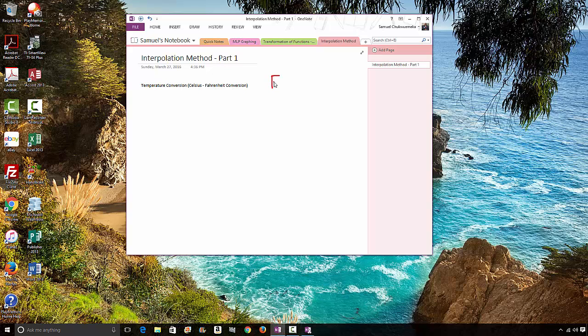You may be familiar with this formula that F minus 32 over 9 equals C over 5, where degree F is the Fahrenheit temperature, and your degree C is your Celsius temperature.